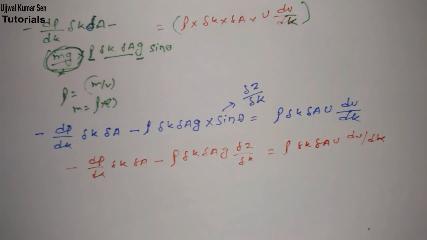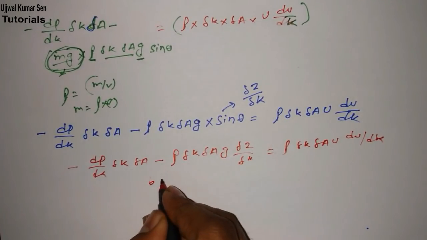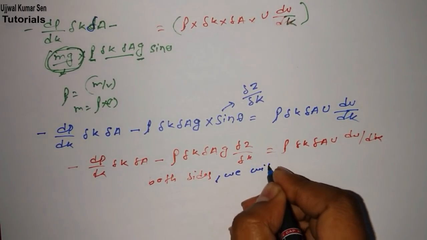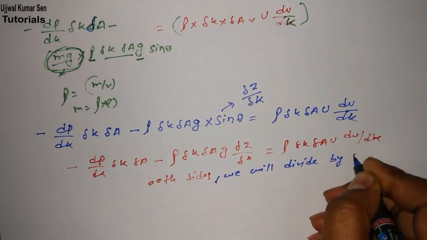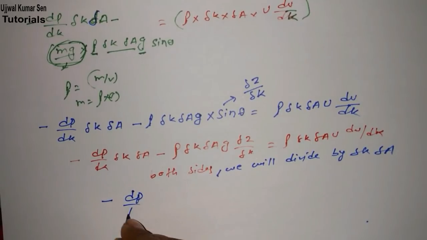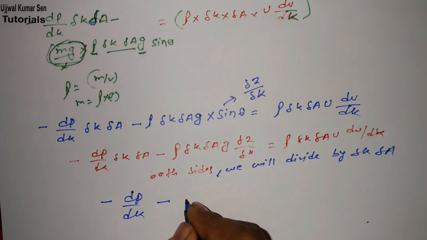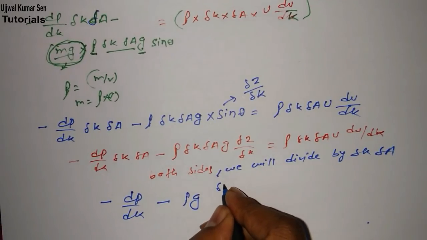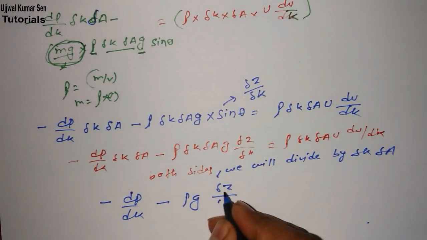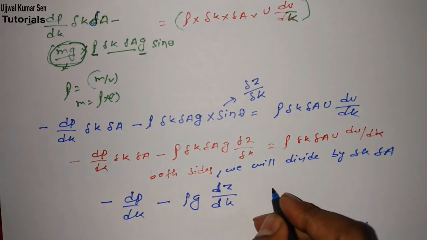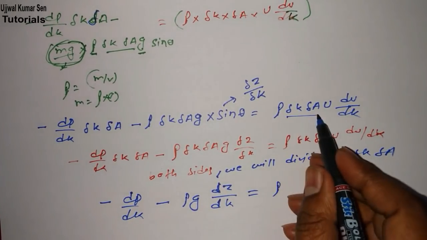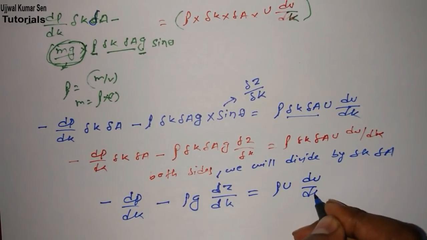Now we divide both sides by delta k and delta a. So we get minus dp by dk minus rho g dz by dk is equal to rho u du by dk, where the common terms cancel.